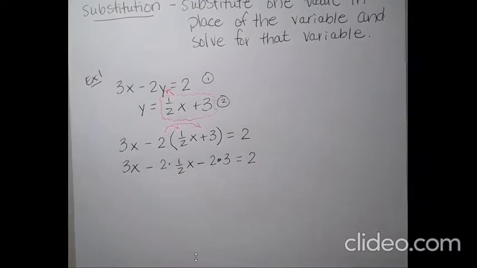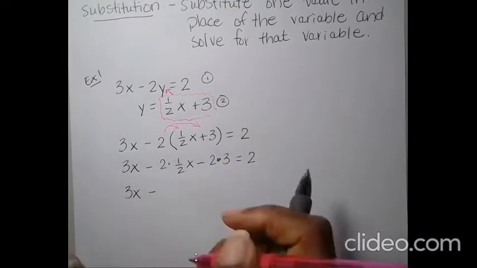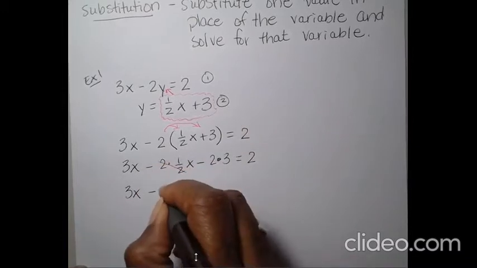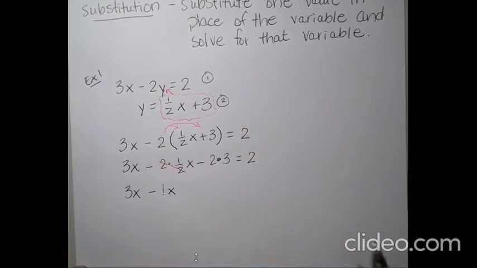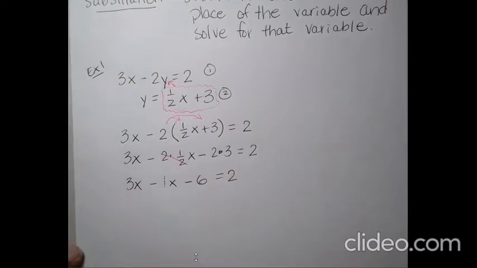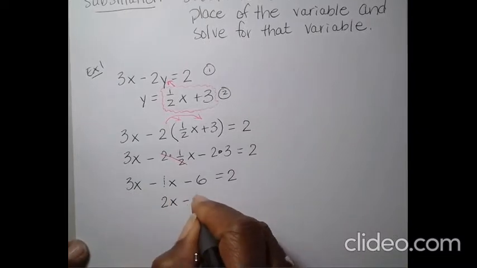Let's simplify. The 2 and 2 here reduce down to 1. You don't need that 1, but I want you to know that that's where it is. Minus 6 equals 2. Continuing to simplify, 3x minus x is 2x minus 6 equals 2.